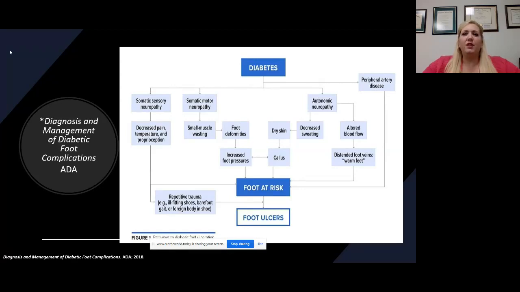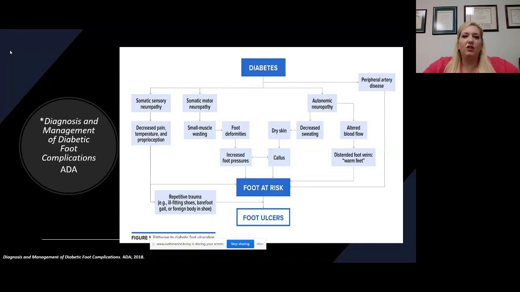So, we know a lot about that sensory neuropathy, but we don't really pay as much attention, I guess, to somatic motor neuropathy. The small little nerves in the feet that innervate the muscles can also waste and be dysfunctional with long-standing or uncontrolled diabetes. What will occur then is those small muscles will waste.